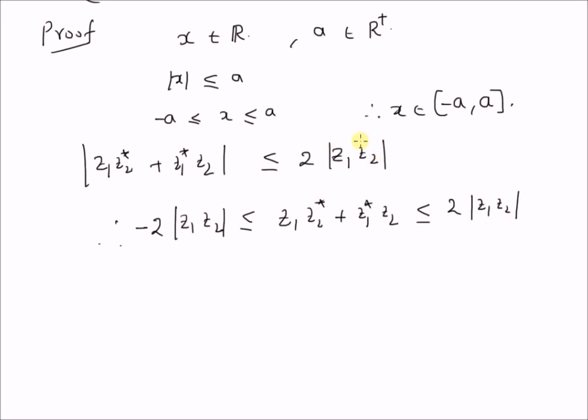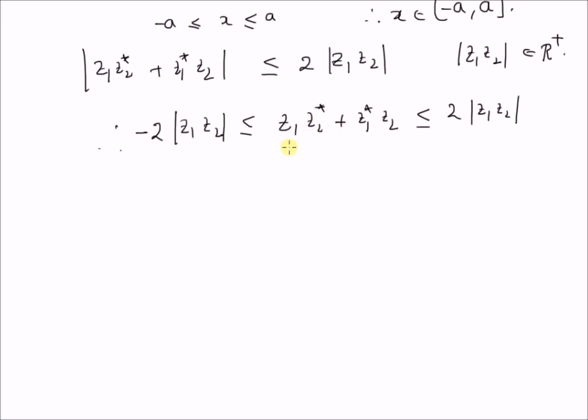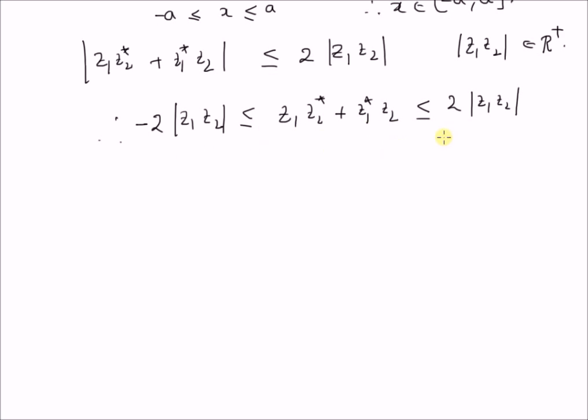This is true because this absolute value |z1 z2| always belongs to the set of positive real numbers, and this sum, z1 z2 conjugate plus z1 conjugate z2, is basically a real value because the second term is a conjugate of the first term. Therefore this inequality is valid.